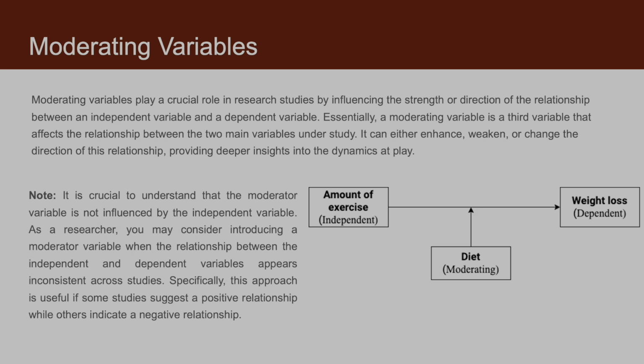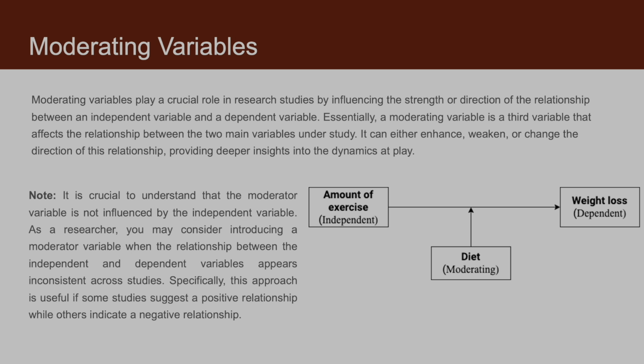To conclude, a moderating variable plays a crucial role in research or studies by influencing the strength or direction of a relationship between an independent variable and a dependent variable. Essentially, a moderating variable is a third variable that affects the relationship between the two main variables under study. It can either enhance, weaken, or change the direction of this relationship.